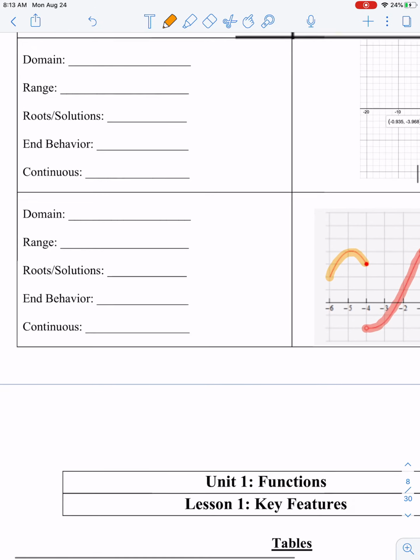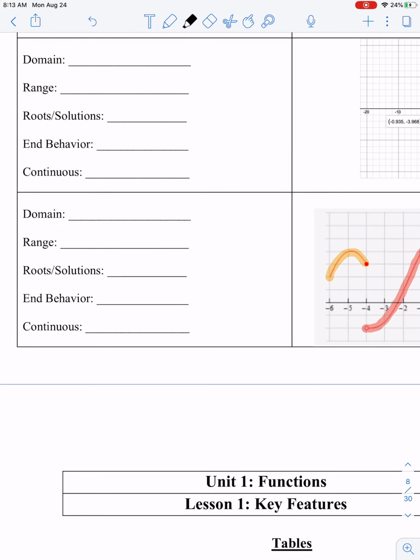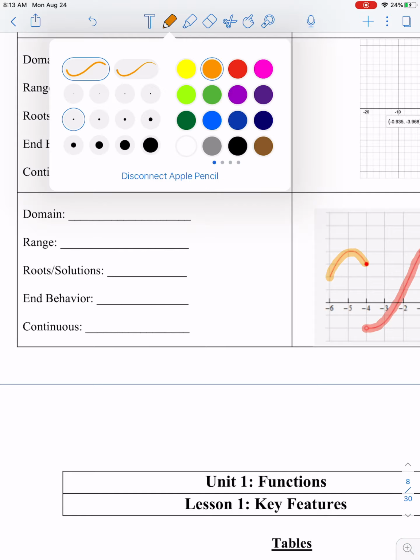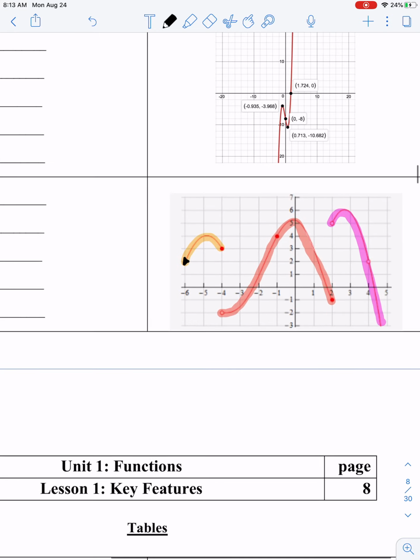So domain of my orange, it goes to the edge, so I can put an arrow. Then it stops. The red has a dot, so that means it stops.